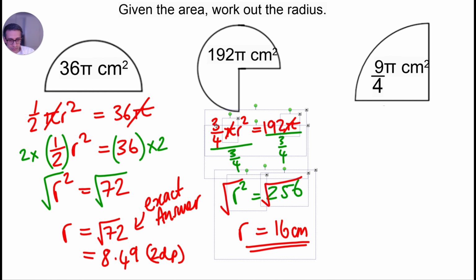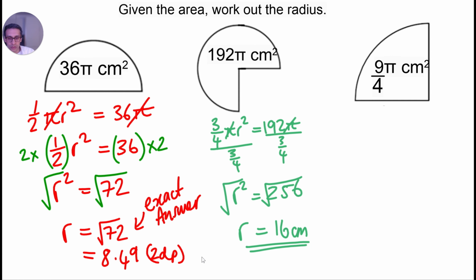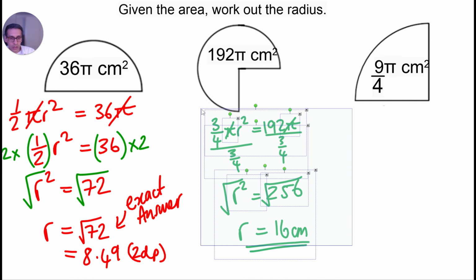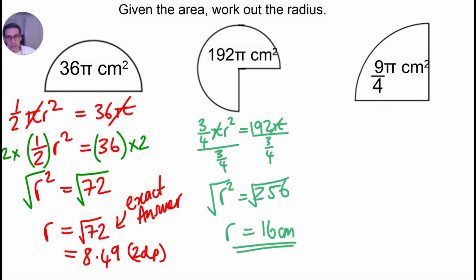Okay, the next question, I might change the color on this. We can see we've got a quarter of a circle, so 1/4 of pi r squared equals 9/4 pi.